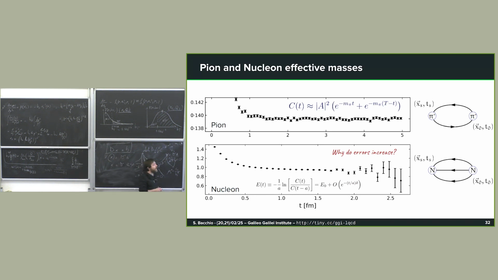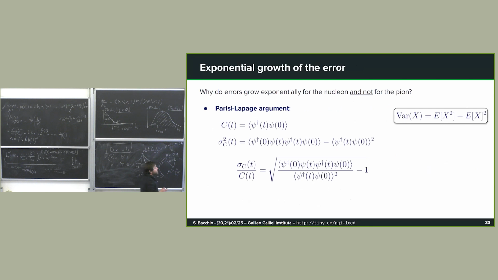But there is a very nice physical answer to this that I'm going to show you now, because this is very important, and this is to estimate also how the errors increase, okay. This is something that is known as the Parisi-Lepage argument, and it's the following. A correlation function is the correlation between two interpolating fields.